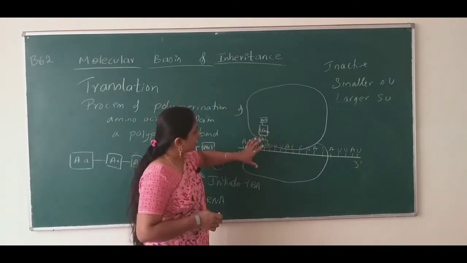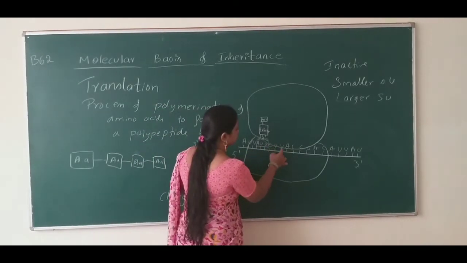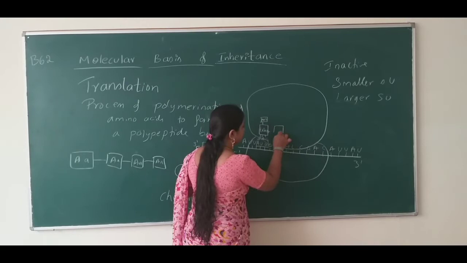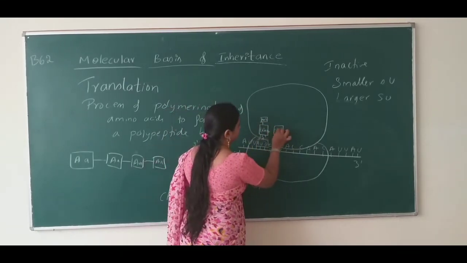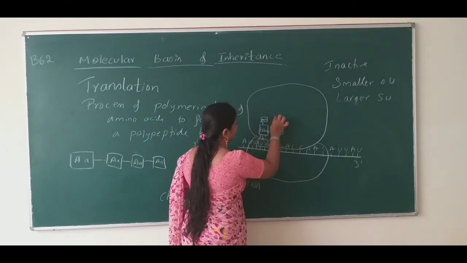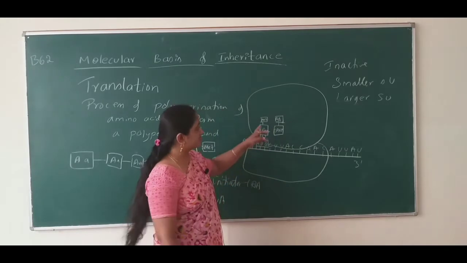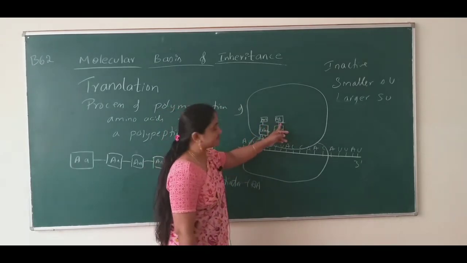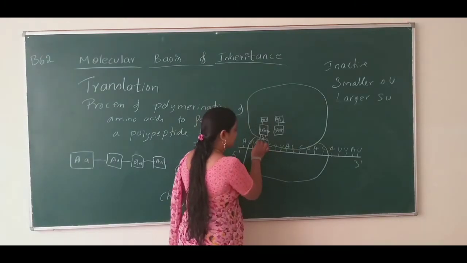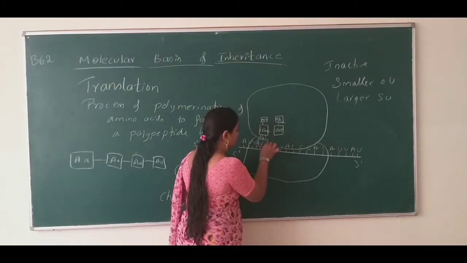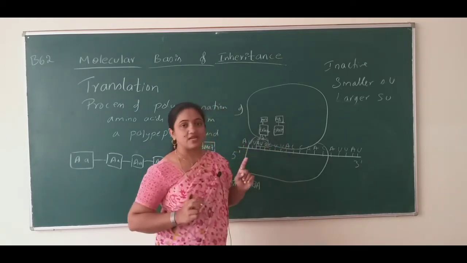Now what will happen? One more tRNA comes and binds to the next triplet codon. Why do we need one more tRNA? I'll tell you. Consider this is one more tRNA having the second amino acid. Consider this is the first amino acid and this will be the second amino acid. So if AUG is the first triplet codon, CUU will be the second triplet codon.